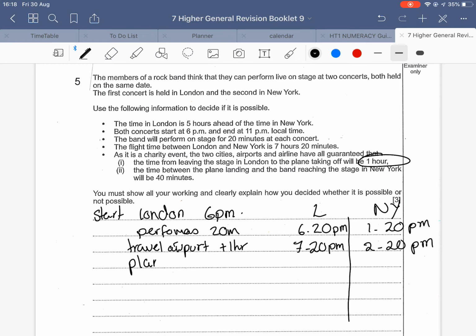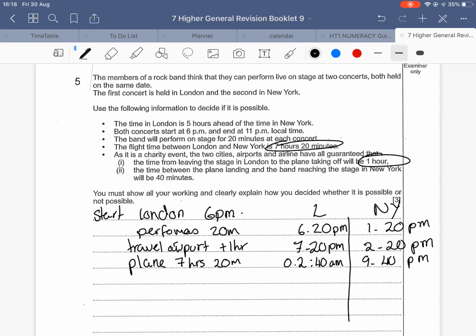So the plane is 7 hours 20 minutes. So plus 7 hours 20 minutes, that's going to be 2:40 in the morning in New York, but London time, that's going to be 9:40 p.m.